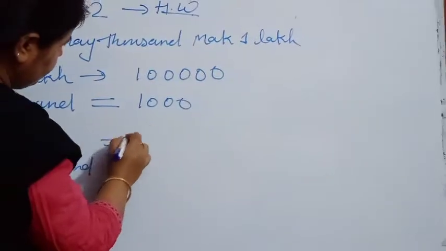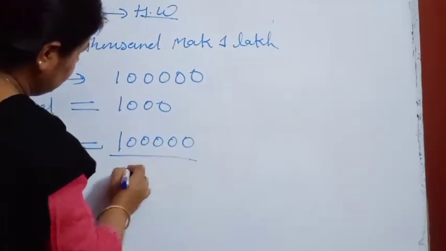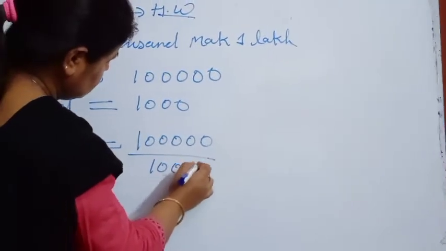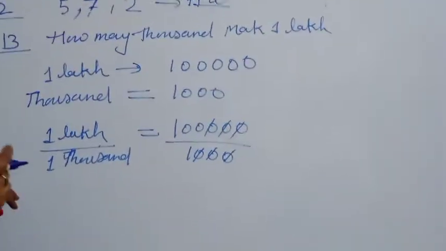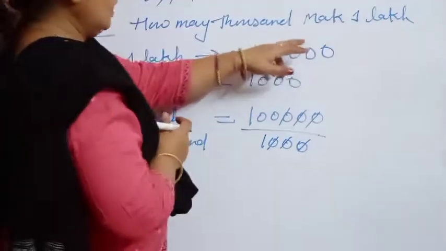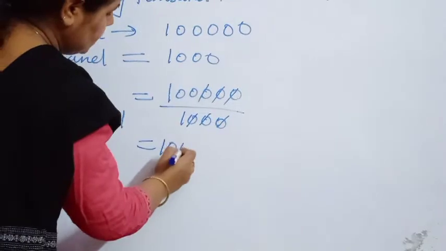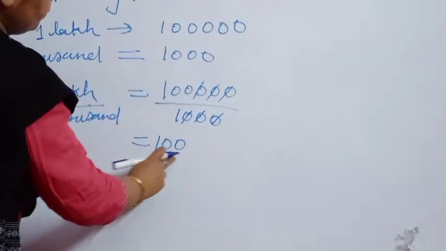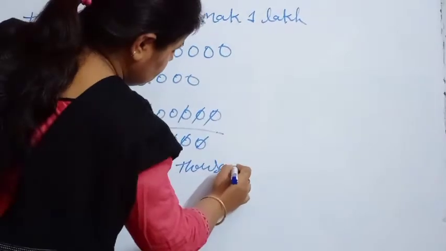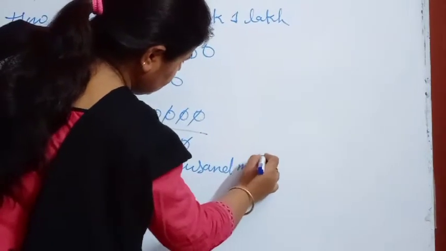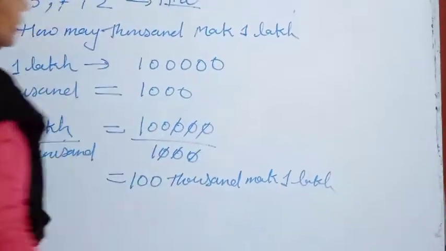How many thousand make 1 lakh? 100,000 divided by 1000, what answer came? 100 is remaining. So 100 thousand make 1 lakh. 100 thousand make 1 lakh. This will be your answer.